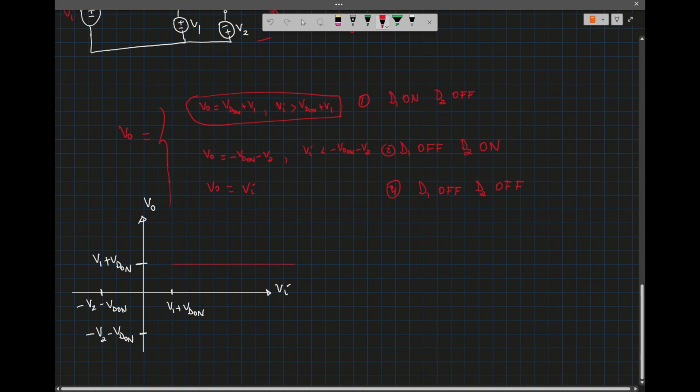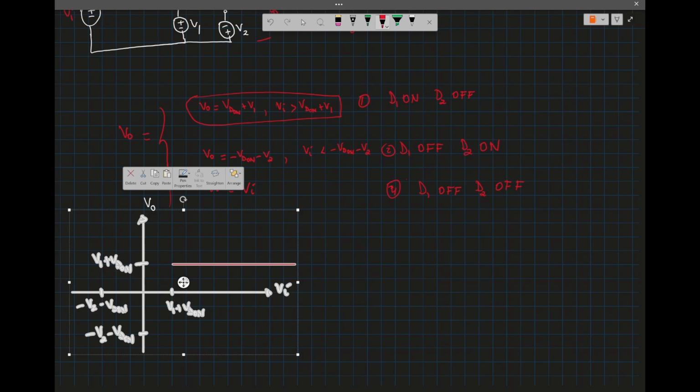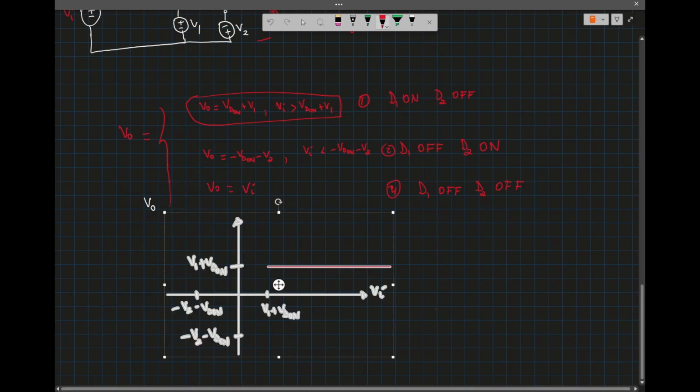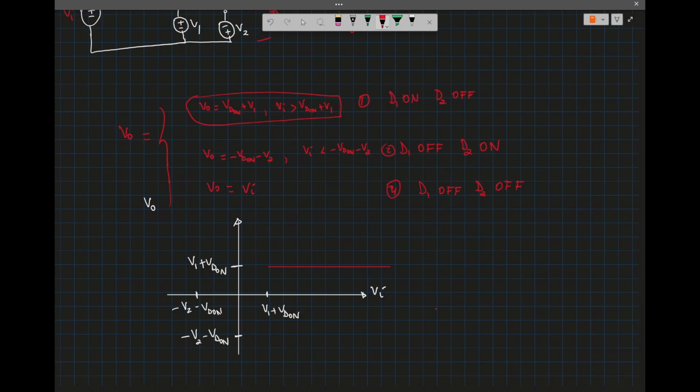Then when VI is less than minus VD1 minus V2, maybe I should move the graph a little to the right, and then it's easy to sketch.